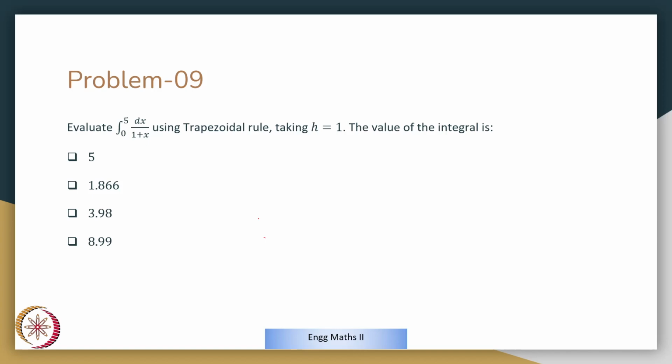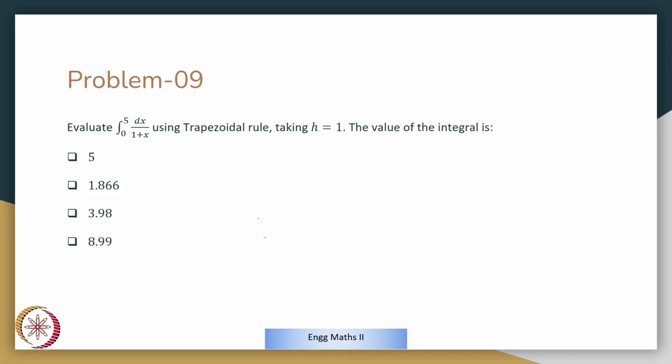Now we are moving to numerical integration, specifically the trapezoidal rule, which comes under the types of rules that are collectively called Newton Cotes formula.